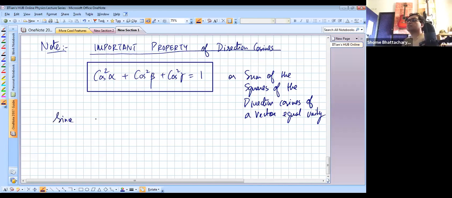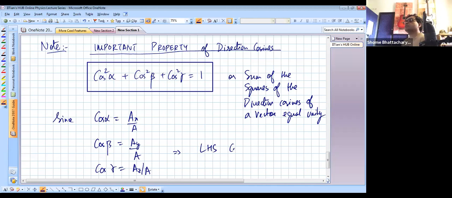Now the reason why this happens is very simple. You can see that cos alpha is ax upon a, cos beta is ay upon a, just apply the formula, and cos gamma is az upon a. Therefore, the left hand side of the equation, cos square alpha plus cos square beta plus cos square gamma, is nothing but ax square plus ay square plus az square, and all of them have a common denominator.